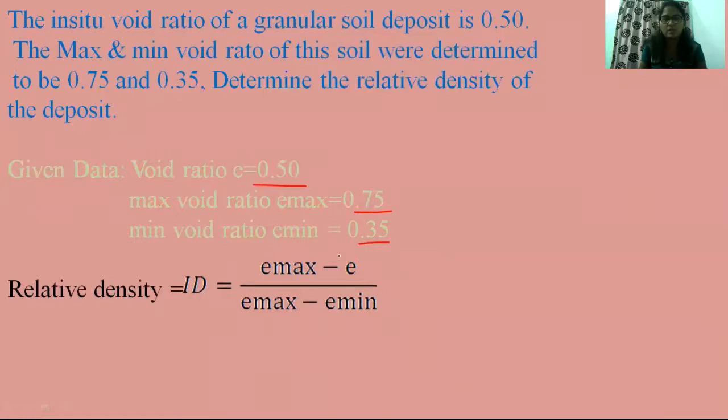Now calculate relative density. I_D is equal to (e max minus e) by (e max minus e min).